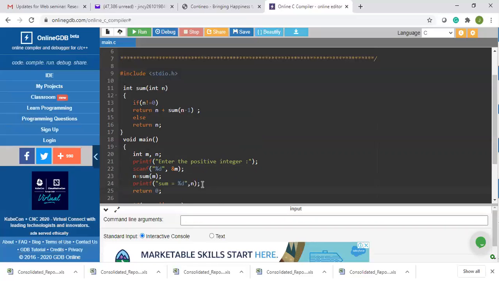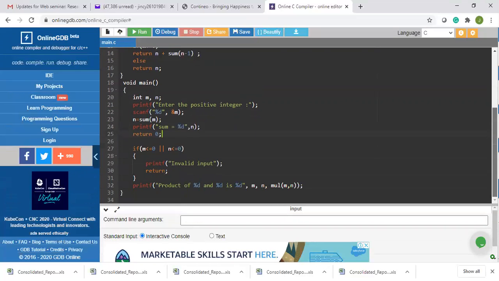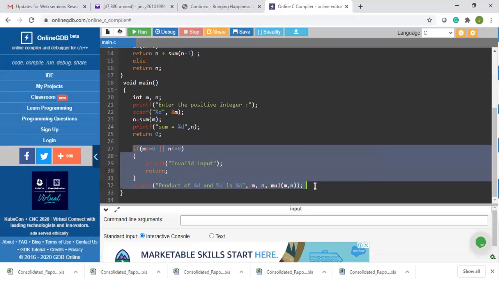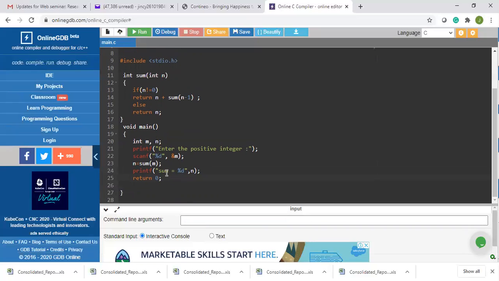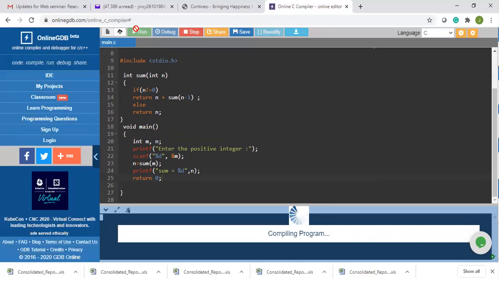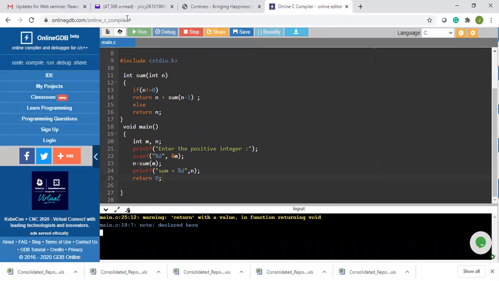Return. So I have entered the positive number as 12.